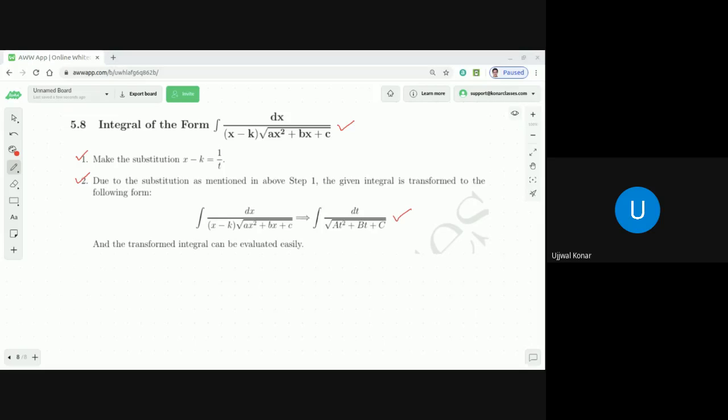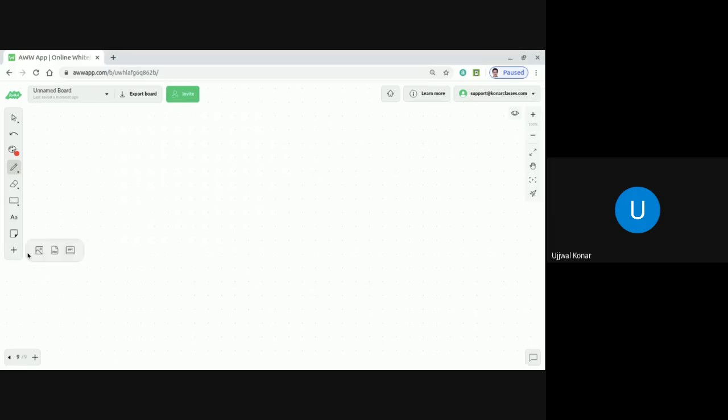The next form that I'm going to tell is also very important. A little complex form, but important mainly for joint entrance examinations. And here it is.